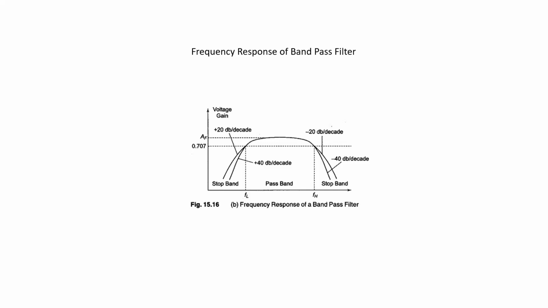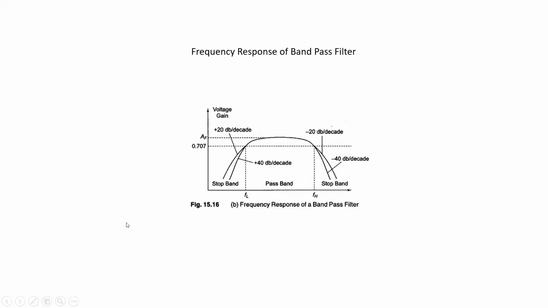Because in the communication lab it is very important to frequently use filters such as the second order low pass filter or band pass filters, we need to know how to design such filters. Okay, so in today's lecture we will be seeing this particular band pass filter.